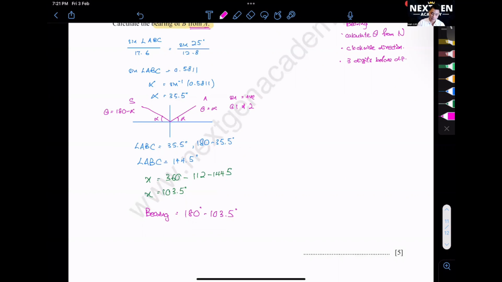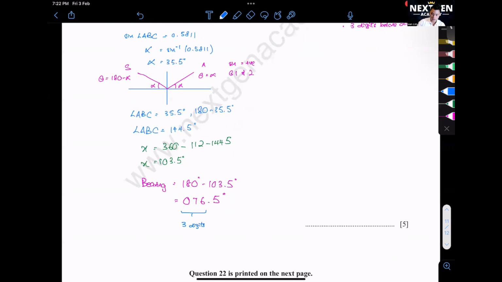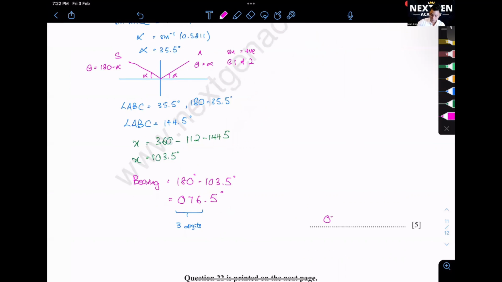But when we present it in terms of bearing, how will we present it? 076.5 degrees. You always have to remember that before the decimal place, it needs to be 3 digits. This is the rule for presenting bearings.